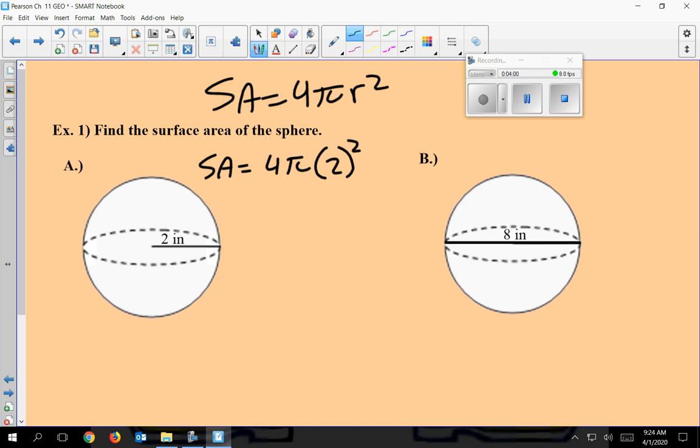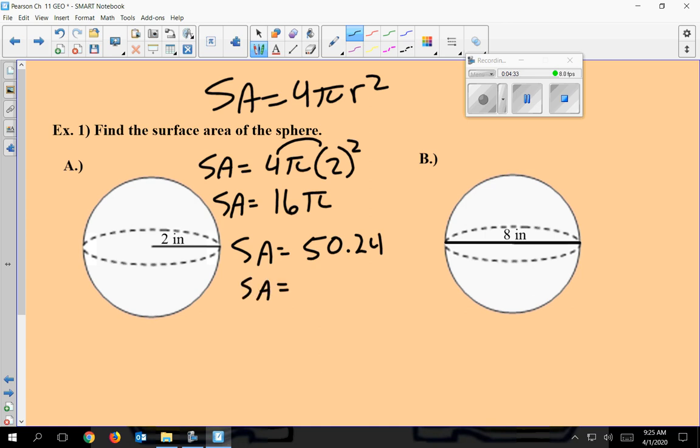So I can go ahead and multiply that out. 2 squared is 4, and 4 times this 4 gives me 16 pi, okay? So your answer really could be represented that way. Like I said, you might see it on certain tests, but we're going to go ahead and multiply that out. So we're going to go 16 times 3.14, and that gets me about 50.24. And if I was going to round it to the nearest tenth, it would be 50.2.